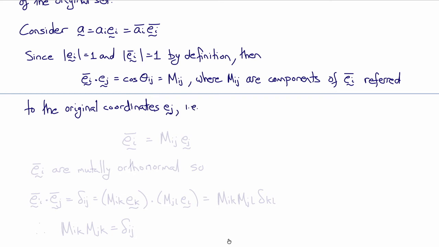In other words, we can write that e_i bar, the new unit vectors, have components M_ij with respect to e_j.